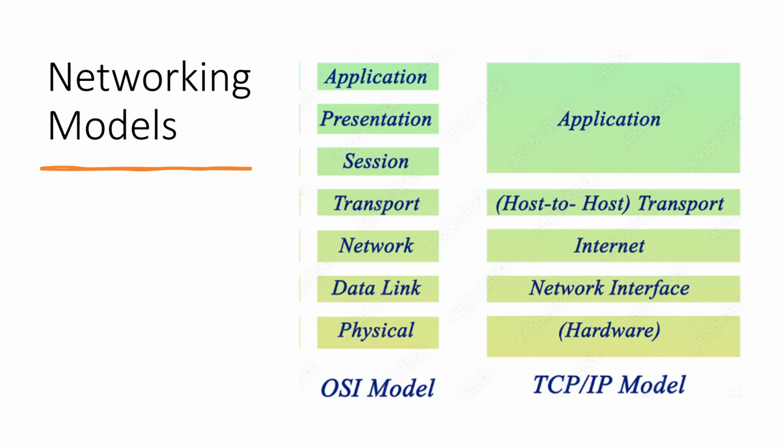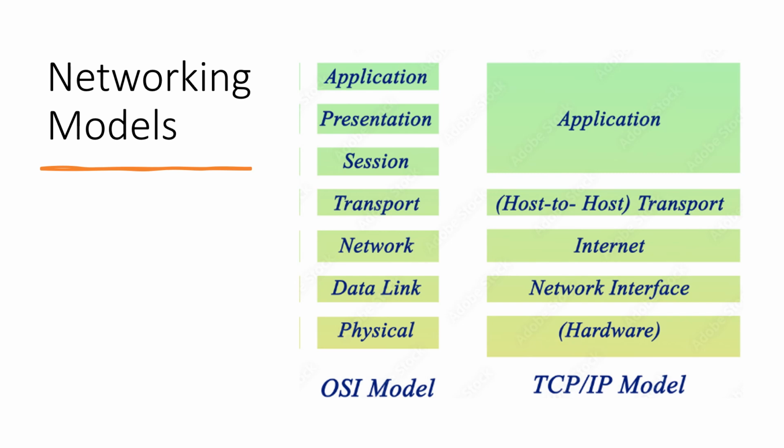And the sixth, we have the presentation layer, which transmits data between the application layer and the lower layers, and handles data compression, encryption, and formatting. Then for the seventh, we have the application layer, which provides network services directly to end users or applications, and includes protocols for file transfers, email, and other high-level functionalities.